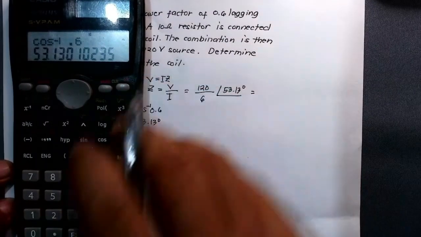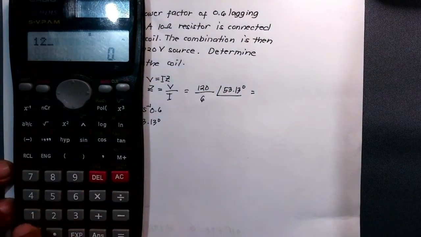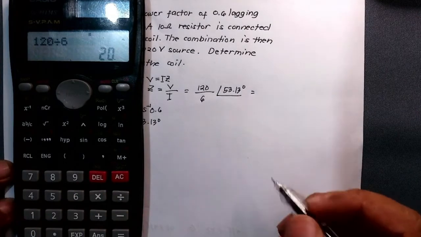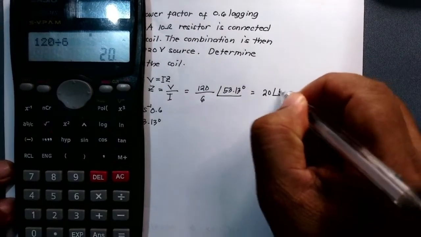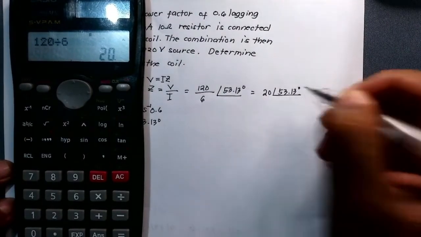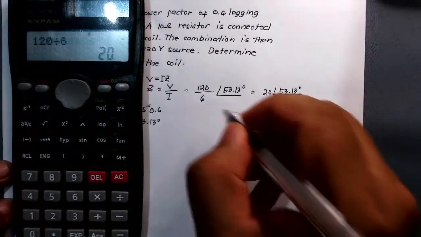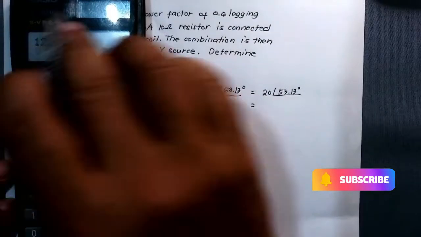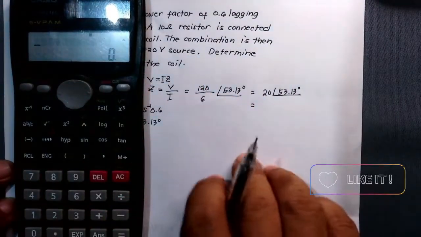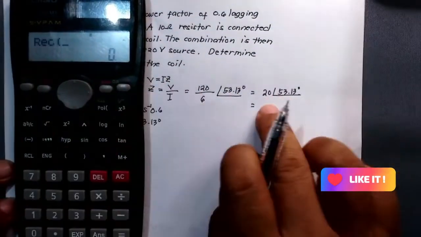Okay, 120 divided by 6 will give you 20. So this is 20 cis 53.13 degrees. Again, let us get the rectangular value of this one.